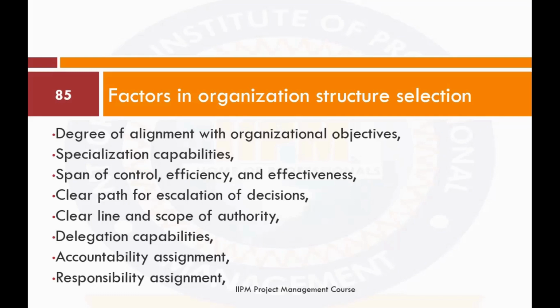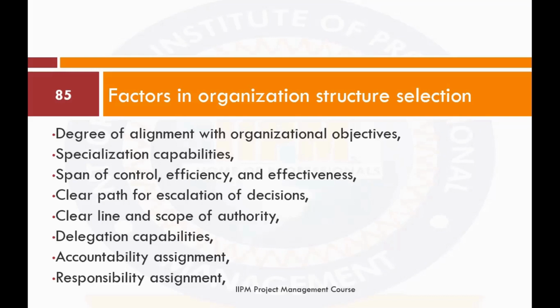There is a principle in management on organizational structures. I've forgotten the name of the person who raised that principle, which divided organizational structures into two: the bureaucratic structures and the entrepreneurial structures. The bureaucratic structures might not support a clear path for escalation of decisions, or even if it's clear, the escalation might be slow.